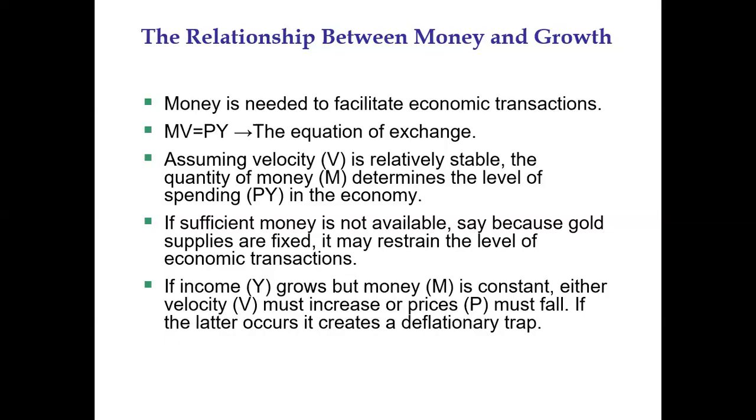Velocity is the speed, the movement which I enjoy during a business cycle. It means how money is exchanging hands, moving from one person or entity to another in a particular period, where PY is the spending habits which people have in general.